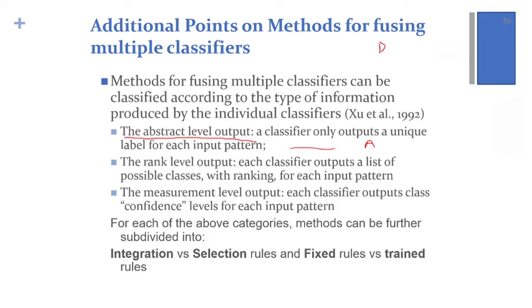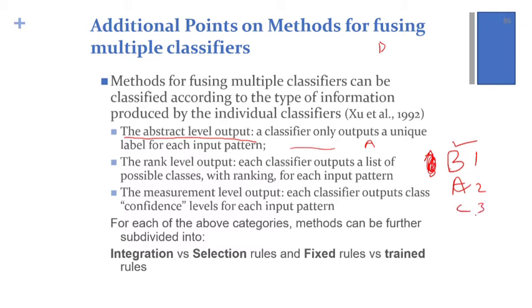That is the only thing it tells you. The rank level will tell you, okay, class A, class B, I rank this one as number one, rank 2. It means my choices of classes will be class B as my first choice, class A as my second choice. And if you have multiple classes, it will keep ranking them.